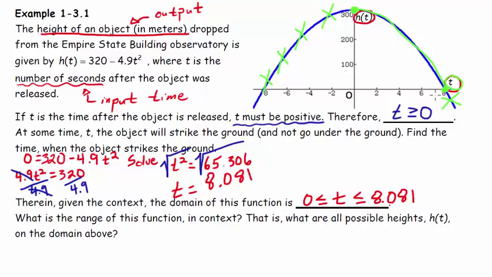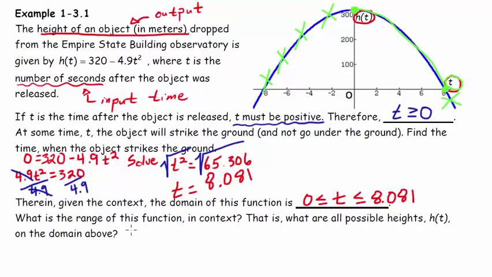Now, if we consider the range here, well, the range is the height. So the height cannot be less than 0, but the maximum height would be up here, it looks like a little over 300. So how might we find that? Well, to find the output up here at the beginning at 0, we need to evaluate at 0.